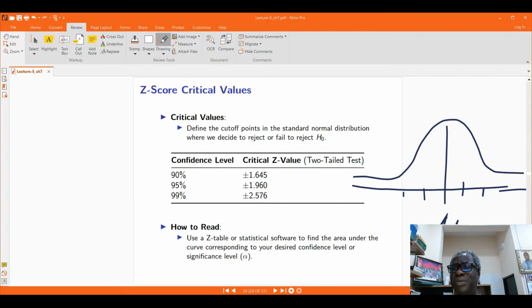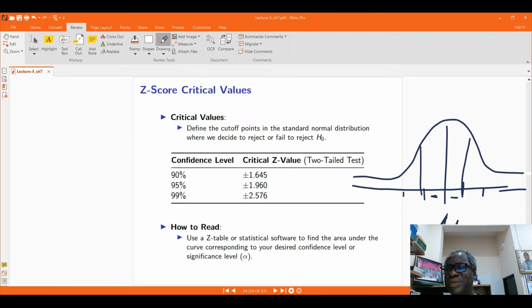If you are talking of a two-tail test, you could have plus or minus. If it's plus, it's talking about this side. If it's minus, it's talking about this side. You could have the same value, 1.645, from the center.